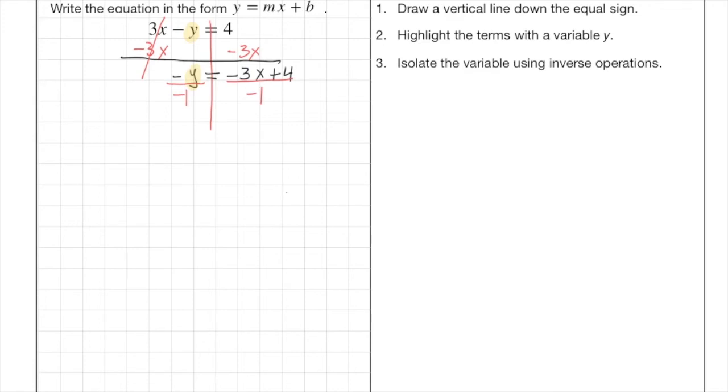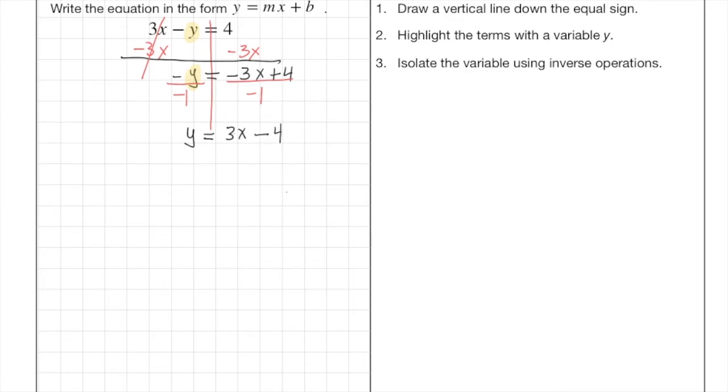When you divide by negative 1, a negative and a negative will give you a positive. So our answer for the left side is going to be y. On the right side, negative 3x divided by negative 1 is going to give us positive 3x. 4 divided by negative 1, positive and negative will give you a negative, so we're going to write negative 4.